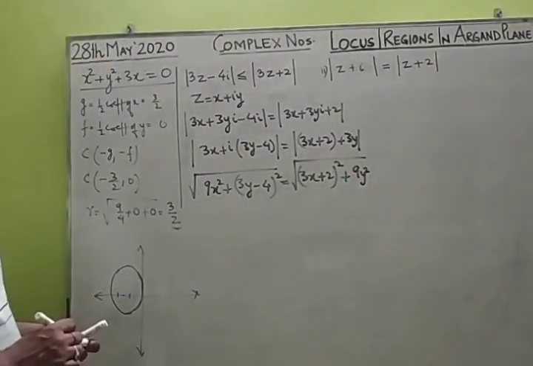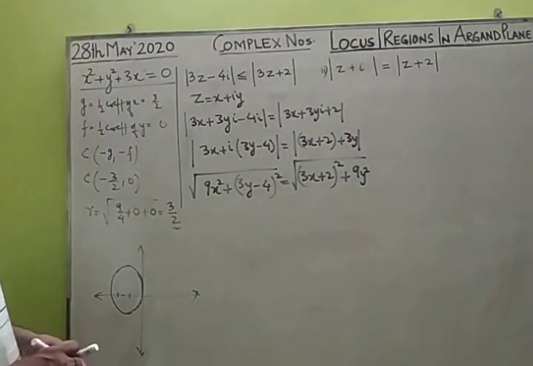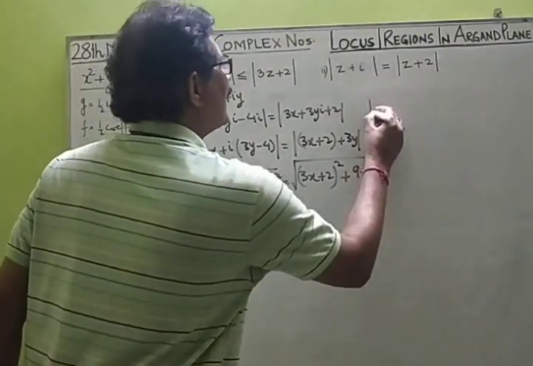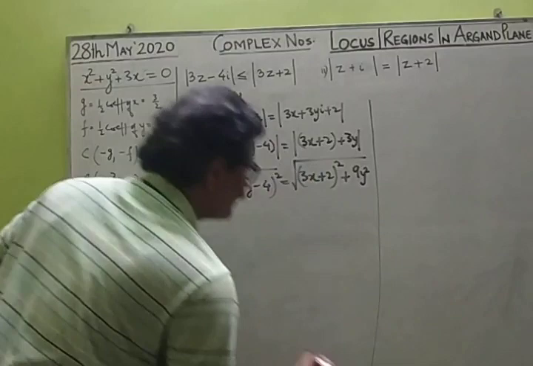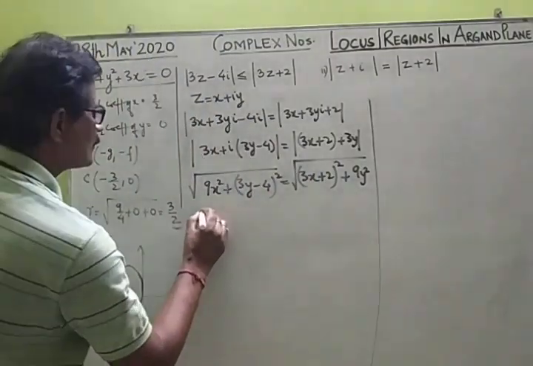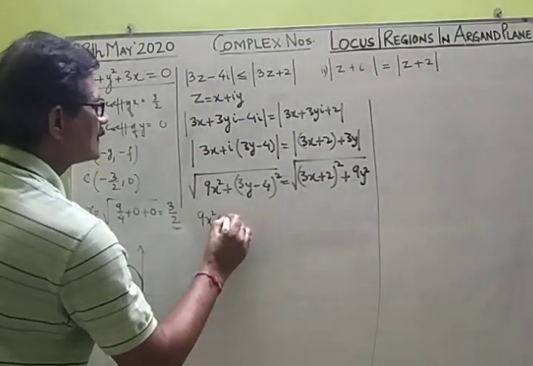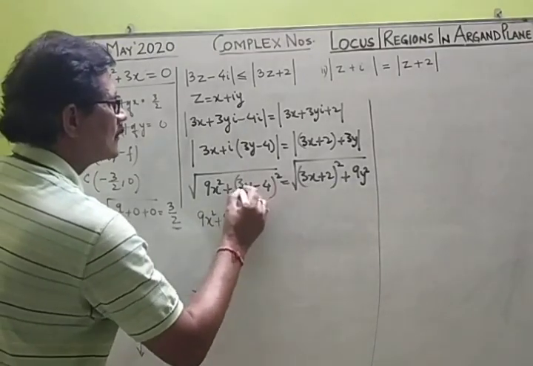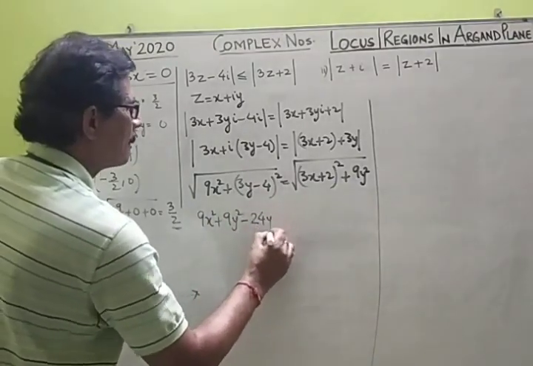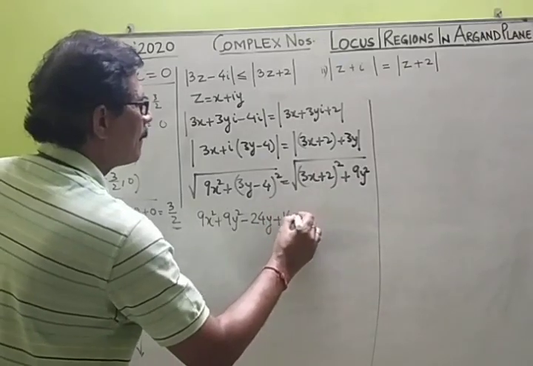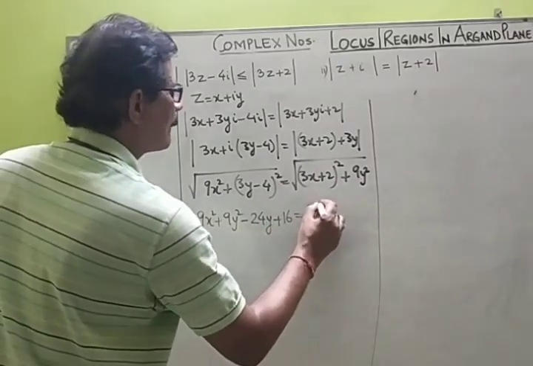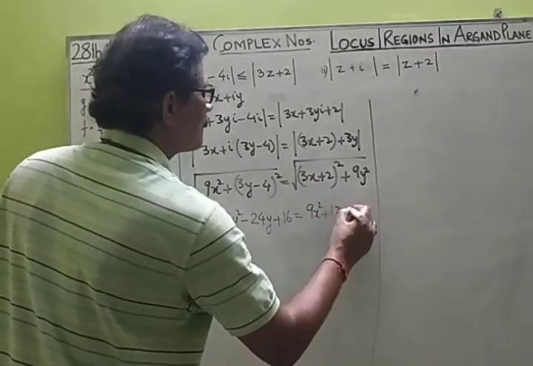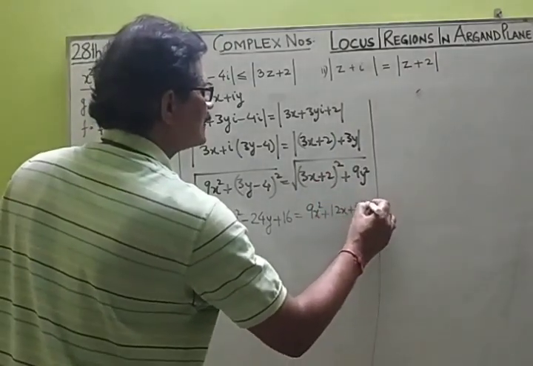Squaring both sides, under root cancels and we open up the brackets, and after simplifying, let's see what we get. We get 9x square plus 9y square minus 24y plus 16 is equal to 9x square plus 12x plus 4 plus 9y square.